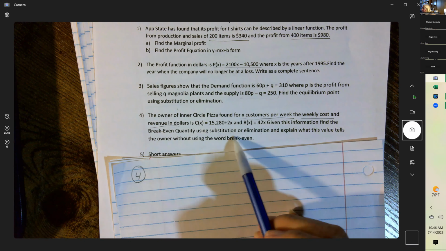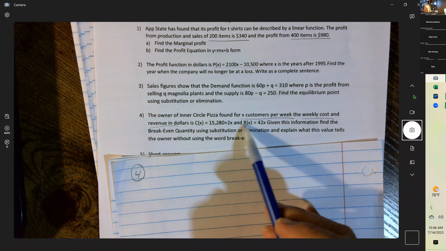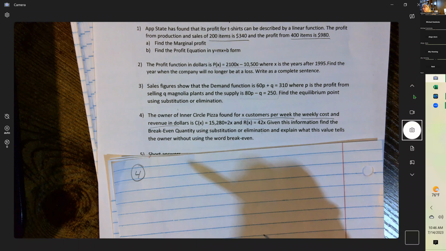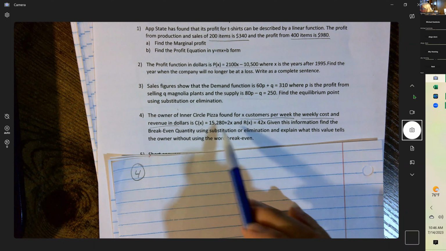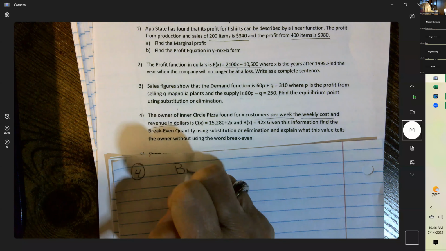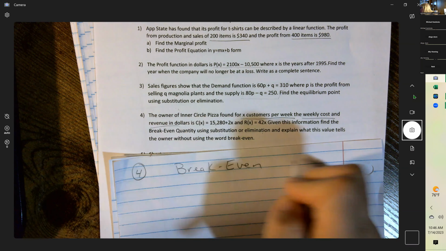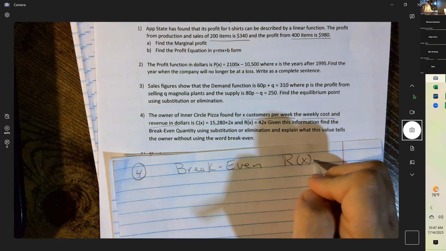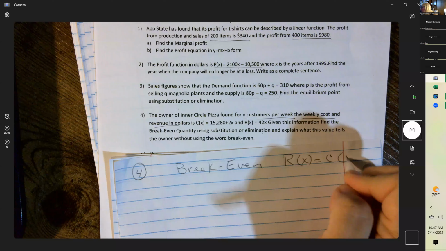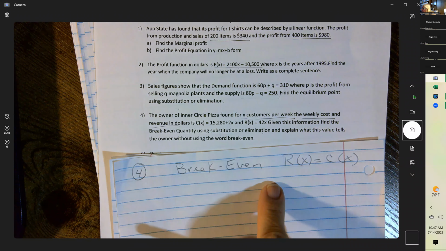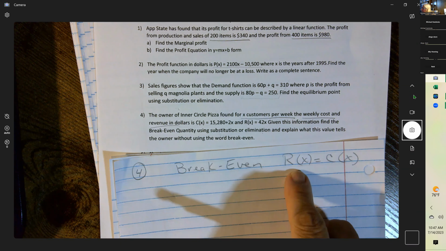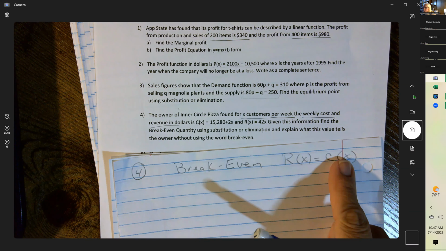If you're going to use elimination, you'd want to change these to Y's and then subtract. But for break even, that's when revenue equals cost. So if you're using substitution, you're plugging the revenue in here and the cost in here.